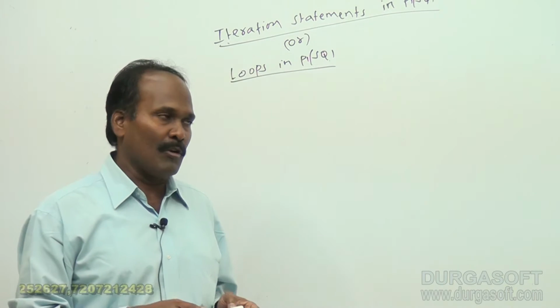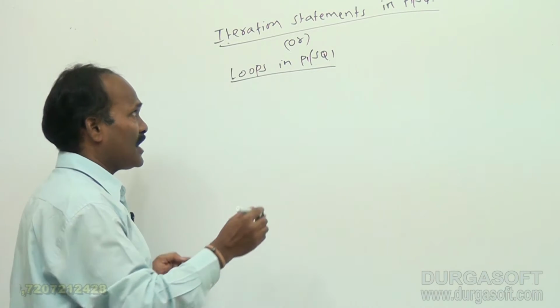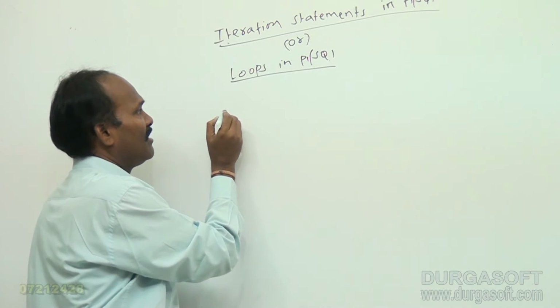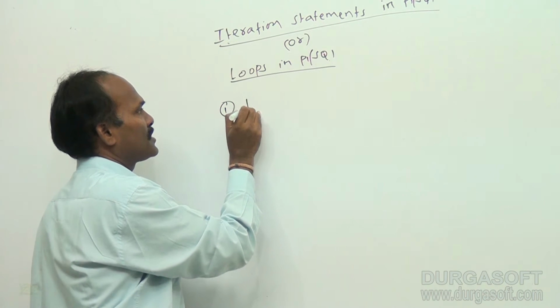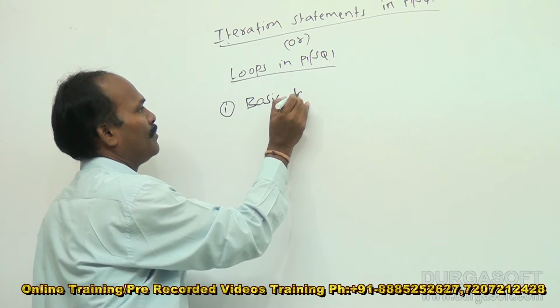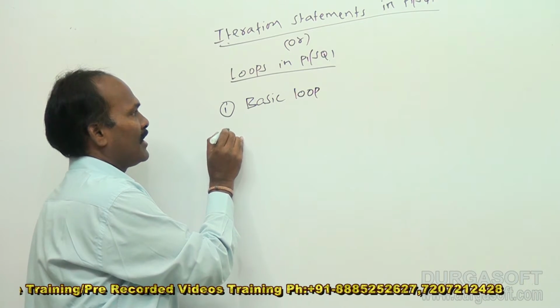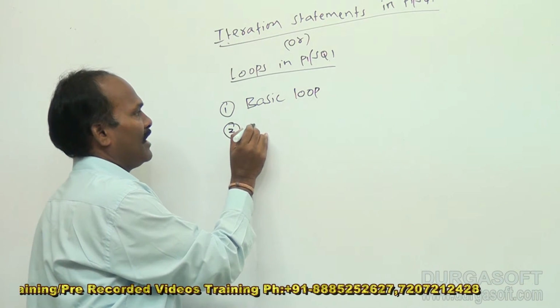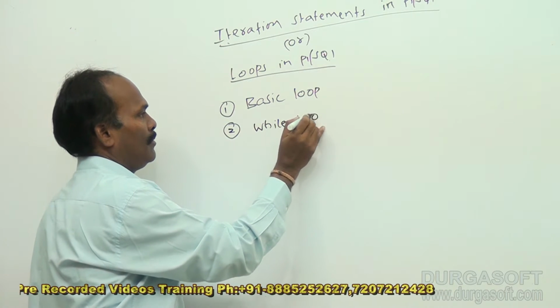Every loop will have conditions. As far as PL/SQL is concerned, we have 3 types of loops. What are the 3 types? First category is basic loop. Second category is while loop.